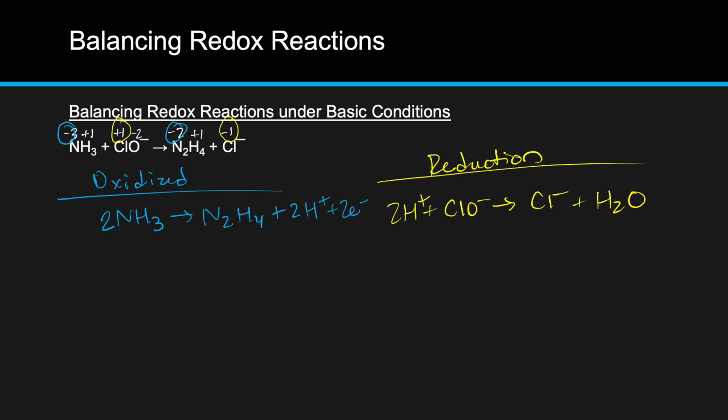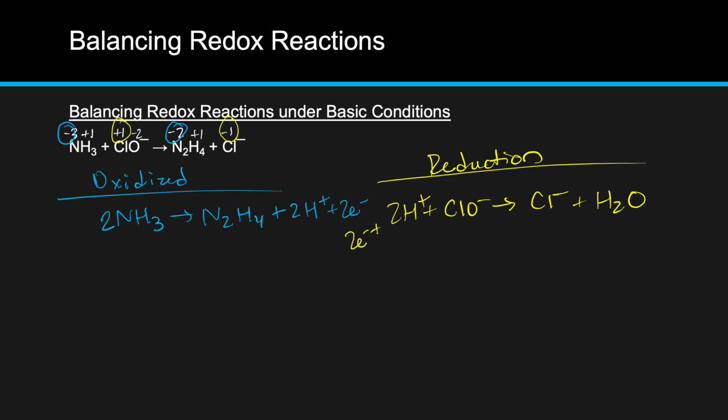And then for the reduction side, I have a -1 charge on the right. So that means I need to get a -1 charge on the left. Right now I have +2 and -1, which gives me a +1 charge. So in order to get to -1, I need 2 electrons. And now I am balanced.